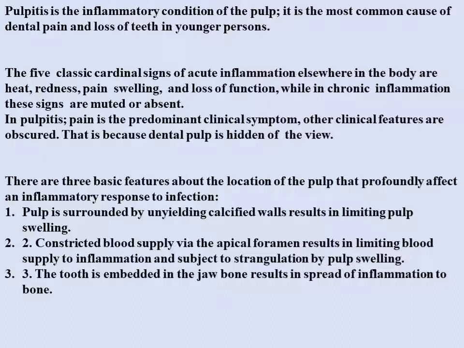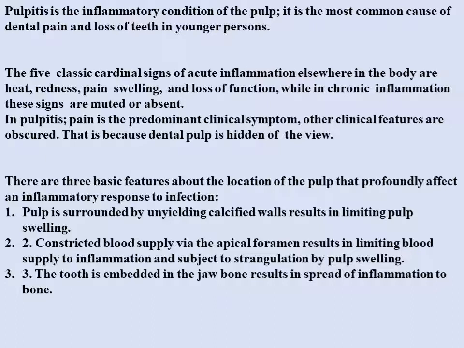In case of pulp, because of constricted blood supply via the apical foramen, this will limit the blood supply to the inflammation area. And again, although we don't have a clear swelling of the pulp, although this swelling is limited, بس مع هذا this limited swelling will cause strangulation of the blood supply to the area.